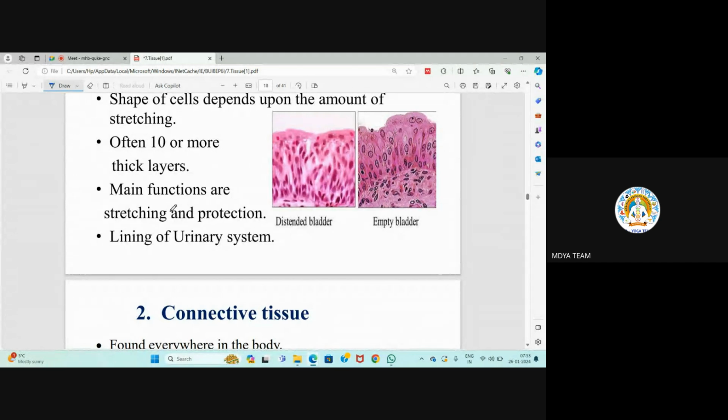Because it is stretched by a larger quantity of urine inside it. So this stretching is done by this dome-like structure, the transitional epithelial tissue, which is present in the urinary tract. Okay, clear? Yes, ma'am.